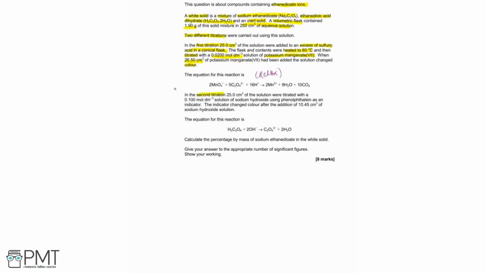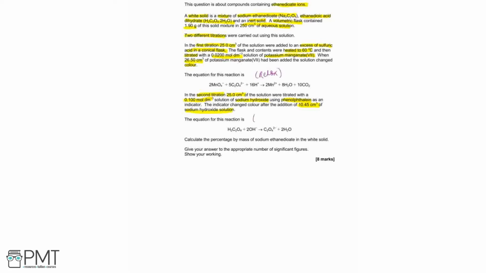So in our second titration, 25 centimeters cubed of the solution again was titrated with a 0.1 mole per decimeter cubed solution of sodium hydroxide, and we're using phenolphthalein as an indicator. Our indicator changed colour after the addition of 10.45 centimeters cubed of that sodium hydroxide solution, with our equation shown below.